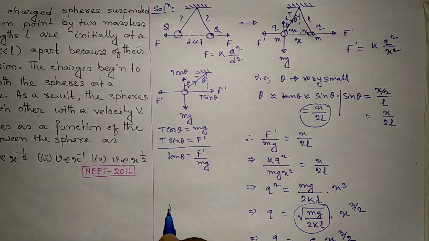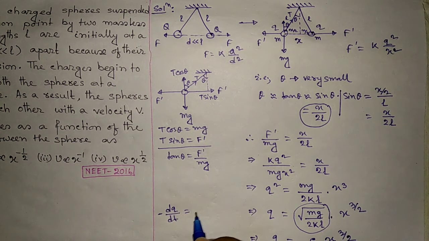Now dq by dt is the rate of the charge and it is decreased, so minus dq by dt is a constant. We can write k.